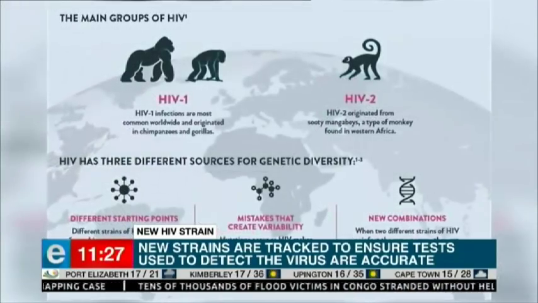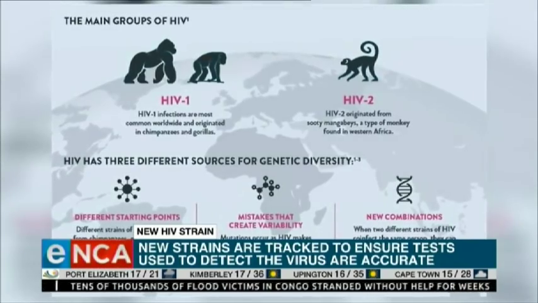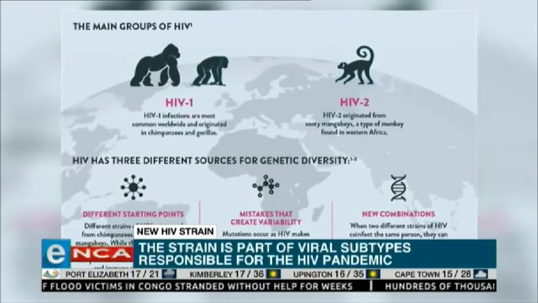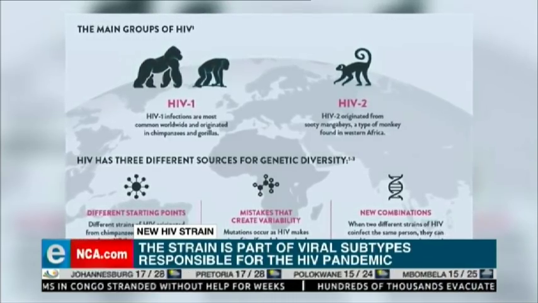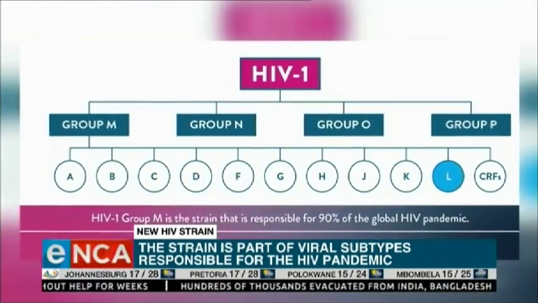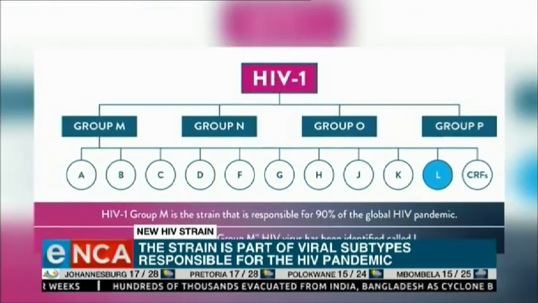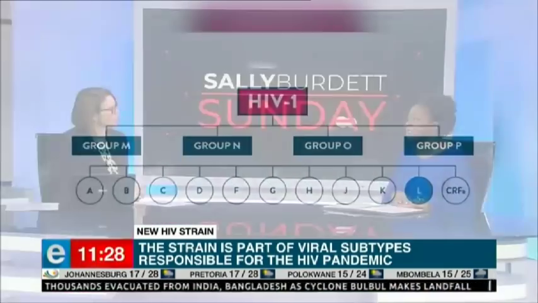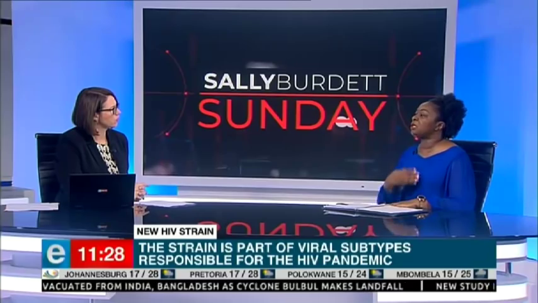So we will only know, what we've done now is we're declaring that we've met the requirements to declare a new subtype, but we'll only know how widespread it is and what its other characteristics are once we provide this technology or this intellectual property to the global scientific community, and then they start looking at old and new samples, existing samples. But it obviously has been circulating since at least the 80s, but we don't know to what extent.